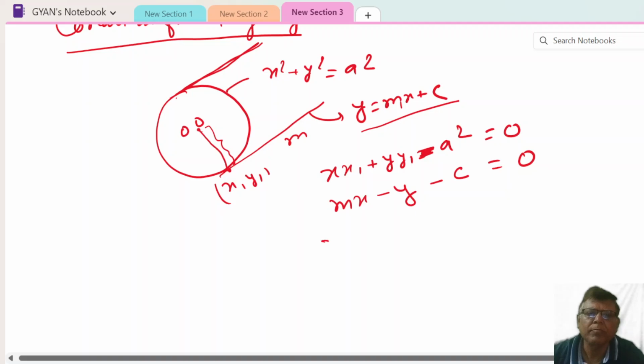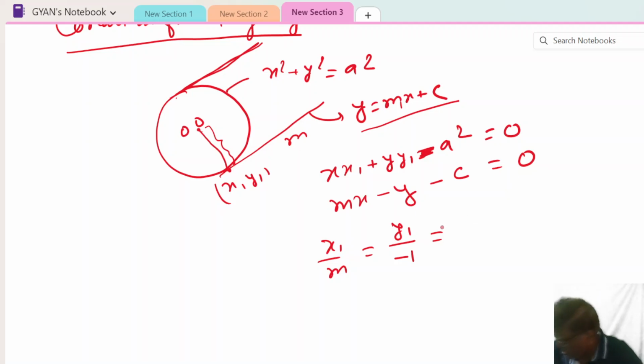That means x1 by m is equal to y1 by minus 1 is equal to minus a square by c.